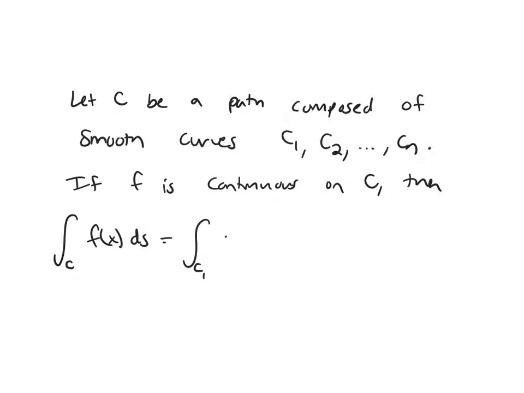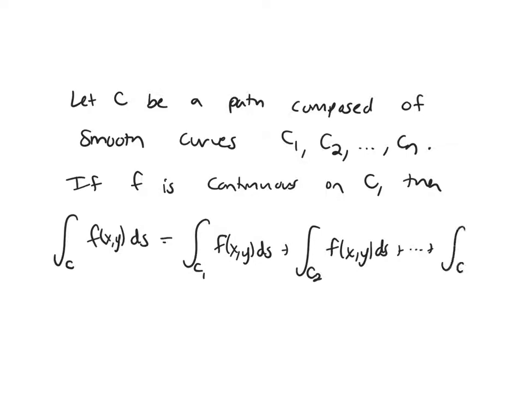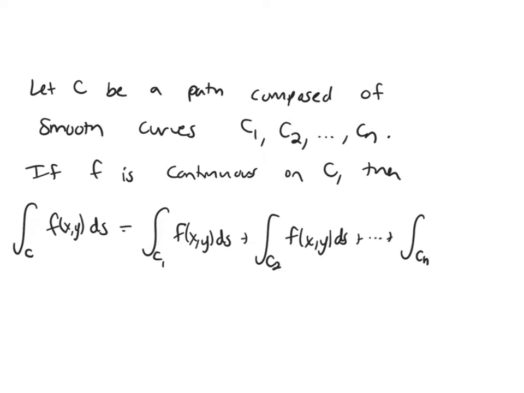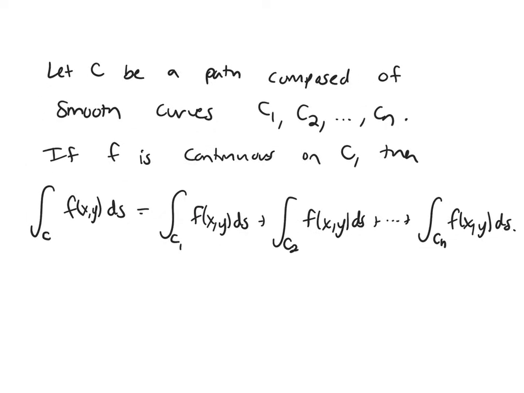So I can compute it as, sorry, that should be x comma y, f of x comma y ds plus the line integral over C2 plus all the way up to the last part of your curve C_n. So you can split your line integral up over the separate parts of your curve.